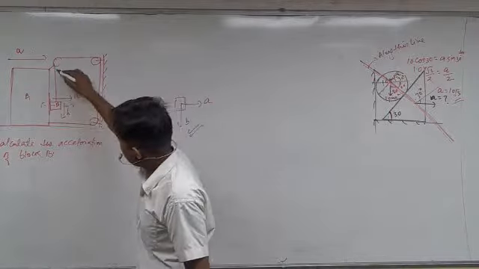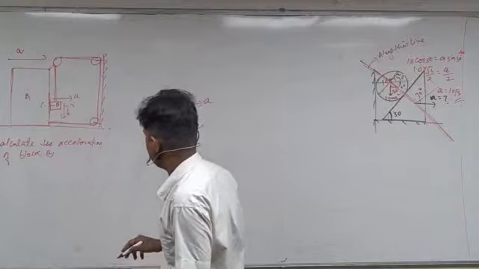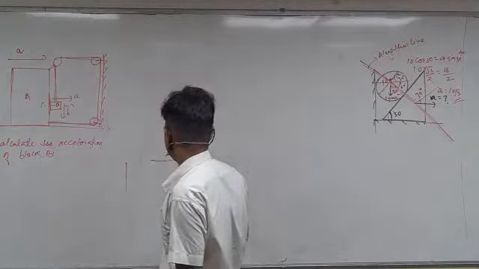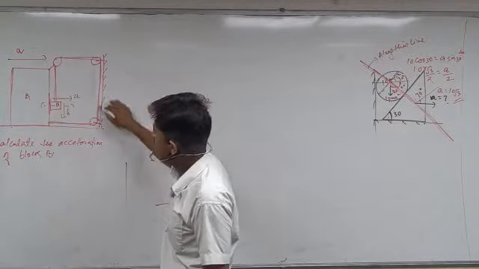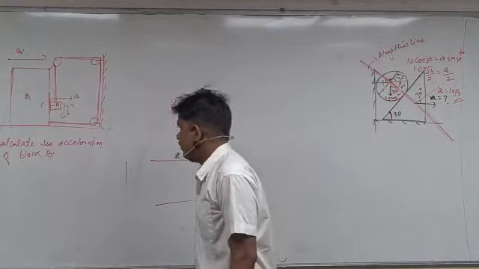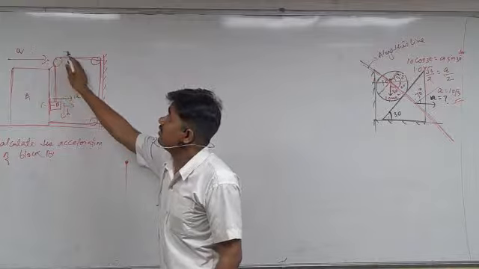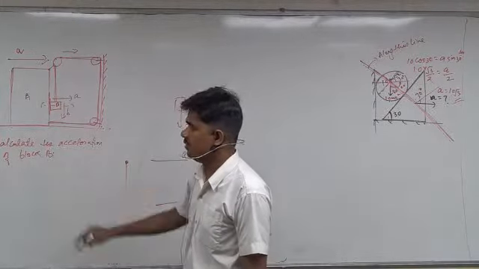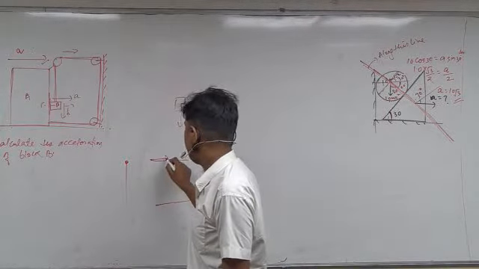You can see this is one part, another part, another part. Total three parts of the string are there. So this is 1, 2, and 3. This part is not important because it is not changing its length. Now you can see this part is attached to the pulley, and the pulley is going in this direction because it is on block A. So this will have an acceleration a in this direction.